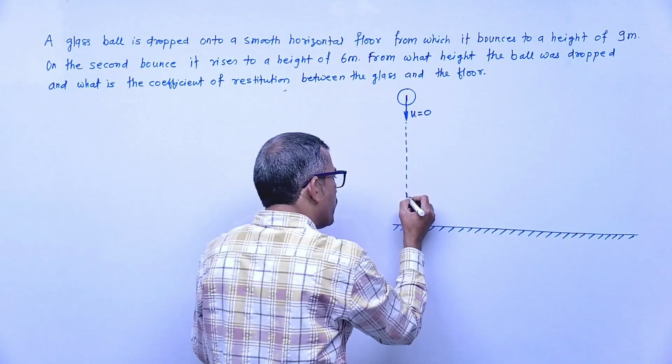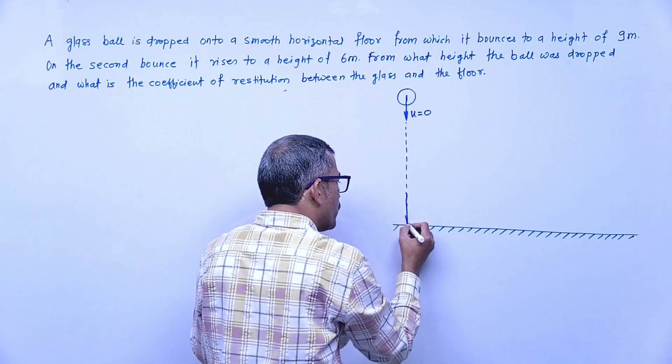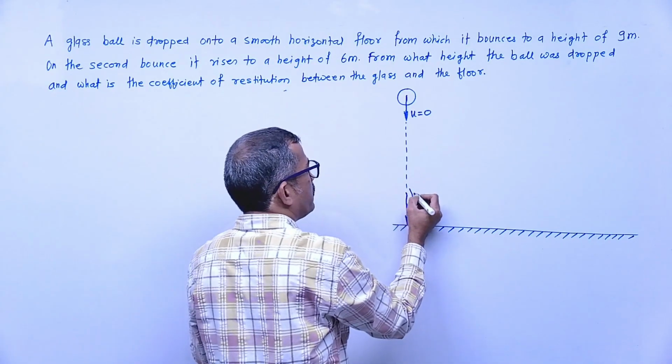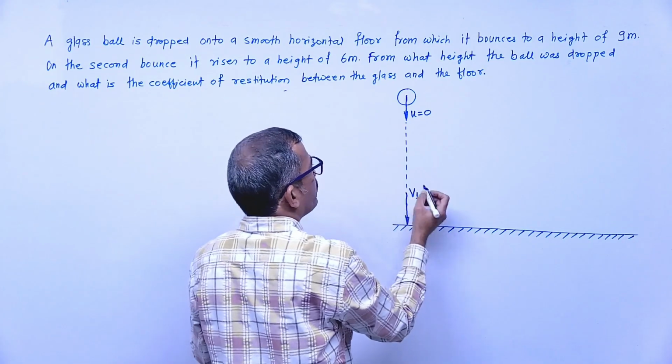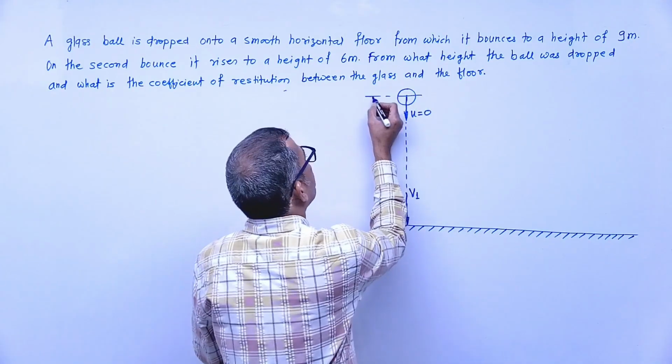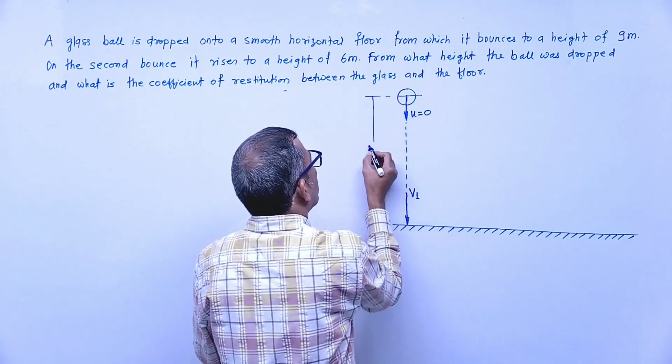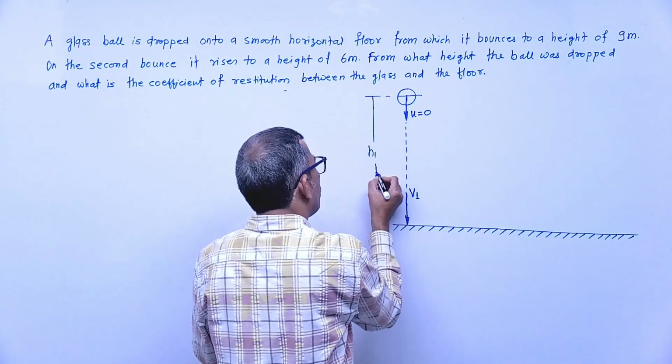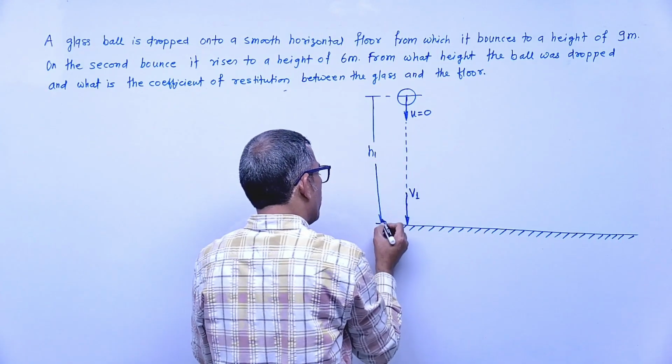And this ball strikes the ground with some velocity, say V1. From where it is dropped, say this height is H1.